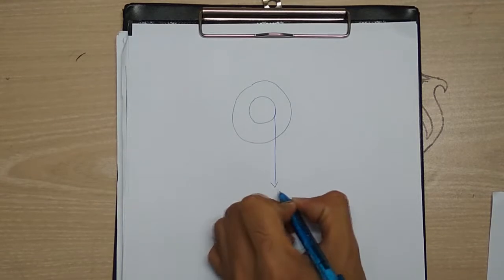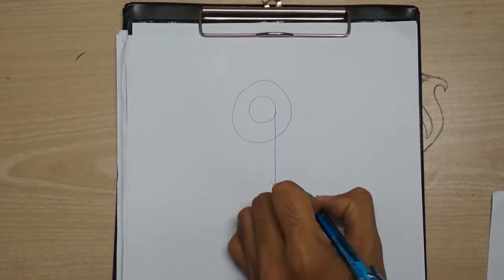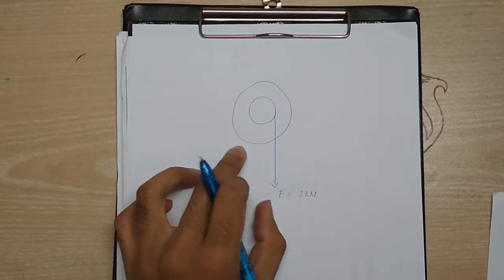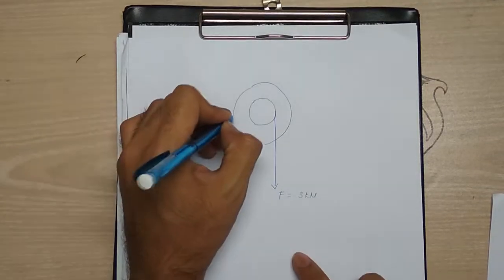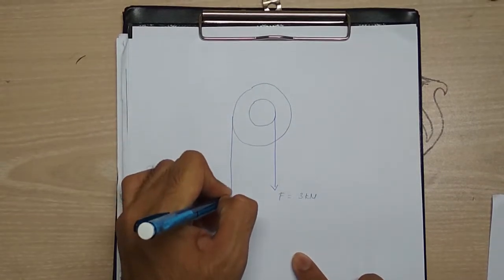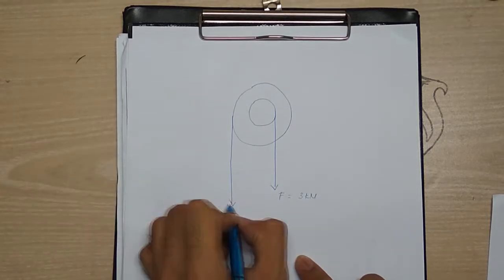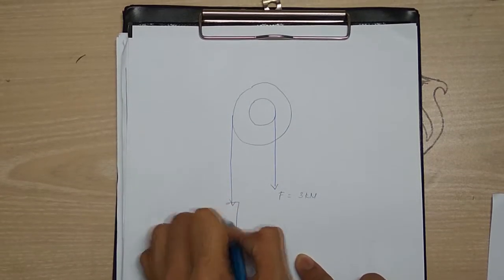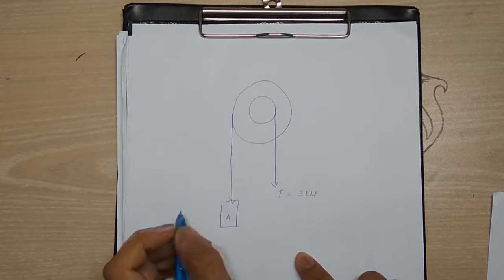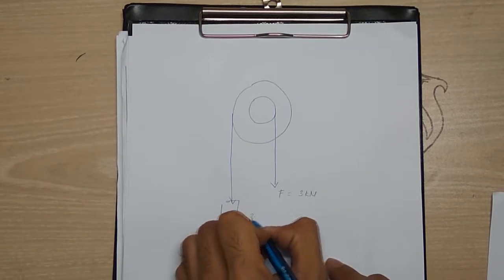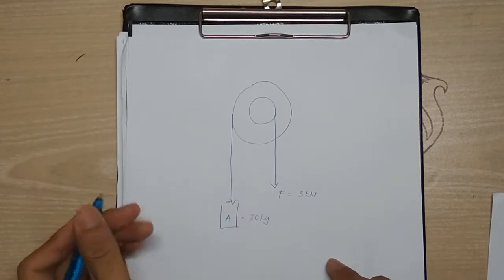This is a constant force 3 kN, and then this is block A, 30 kg.